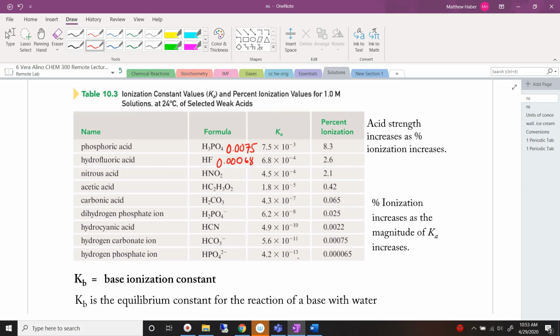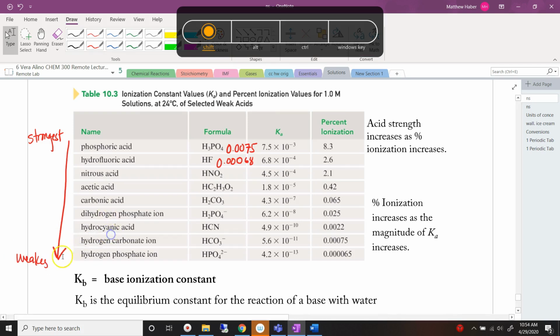The smaller this number is, the weaker the acid gets. Okay, so if you're going to rank them according to their acidity, then you can say that vinegar is more acidic than the carbonic acid found in your soda. So it's ranked according to strength, where this is the strongest in the list, and down here is the weakest acid.